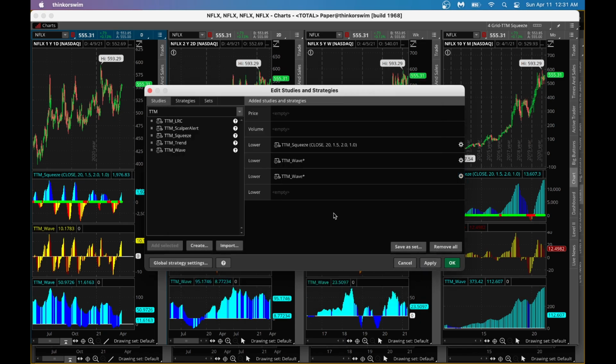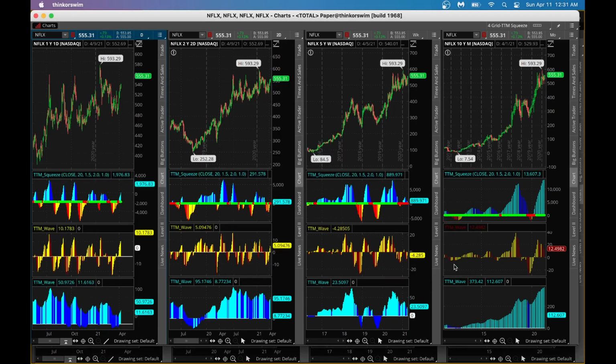In my case, I got both the A wave here, C wave here. So I added that to both the 1 year 1 day chart, 2 year 2 day chart, all these charts.